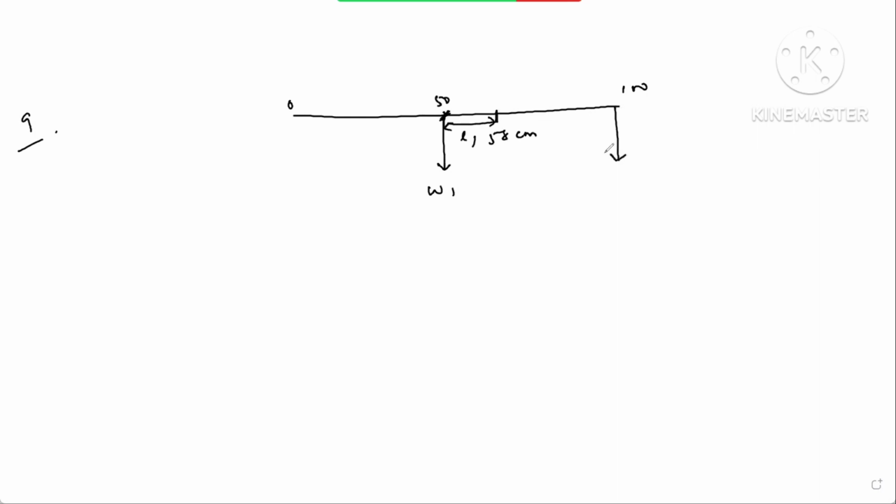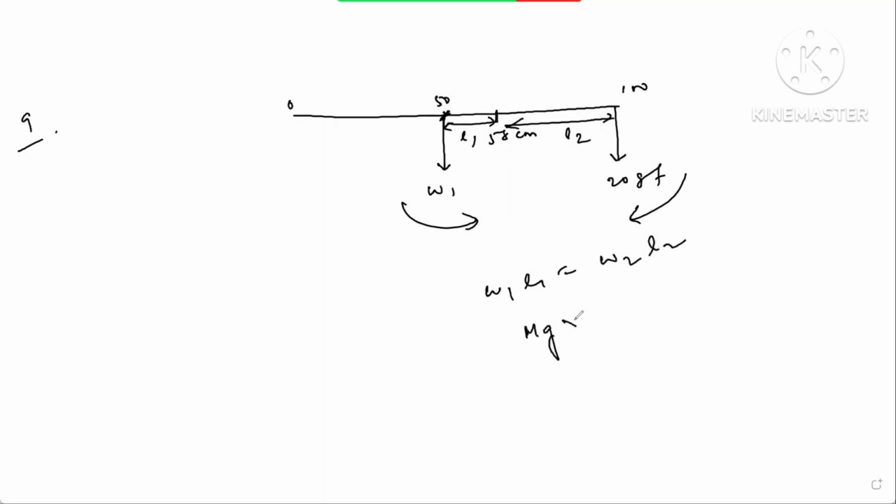And if we suspend 20 gram force here, because this will produce an anti-clockwise moment, to balance it we have to place the 20 gram force here. This distance will be L2. So W1 L1 equals W2 L2. mg into L1, L1 is 58 minus 50, equals 20 into L2, L2 is 100 minus 58.